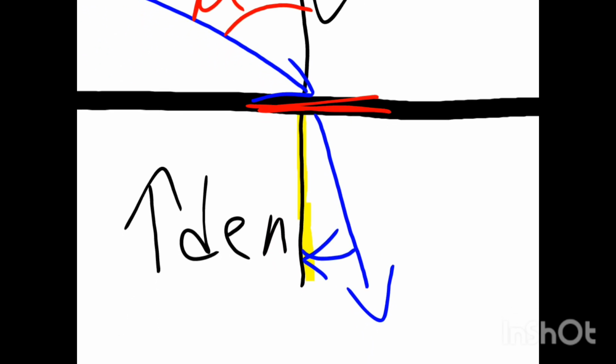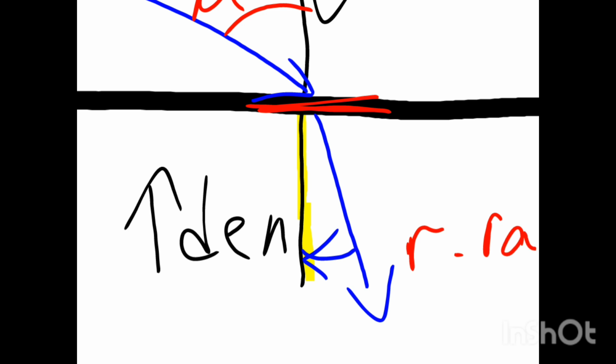Okay, this ray of light which has been refracted, the one which has bent, we call the refracted ray.